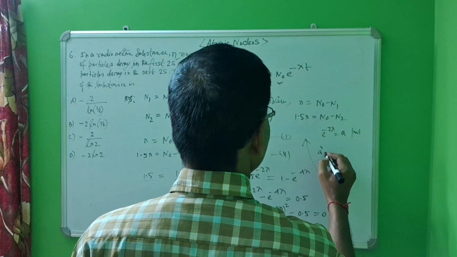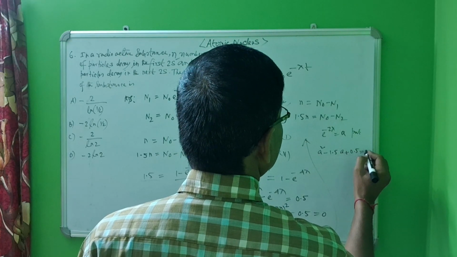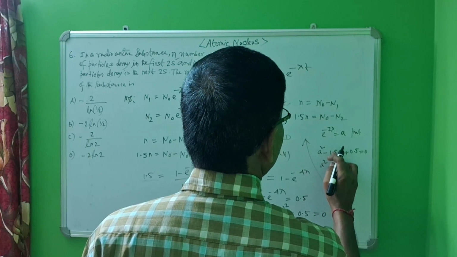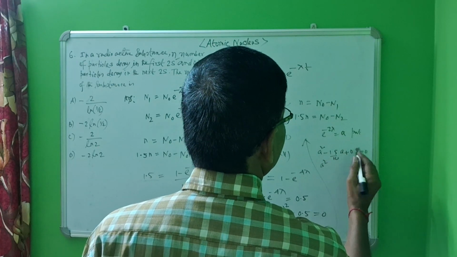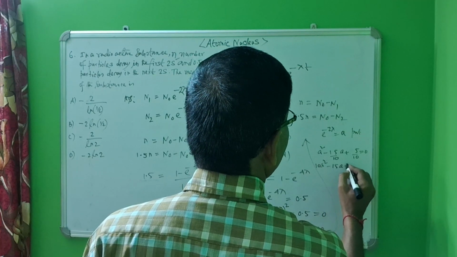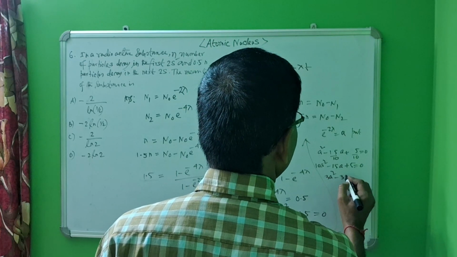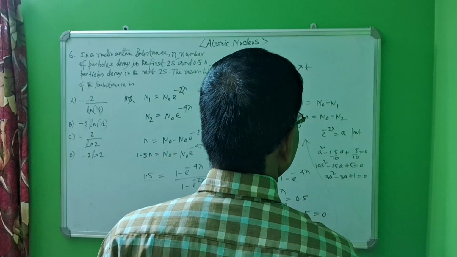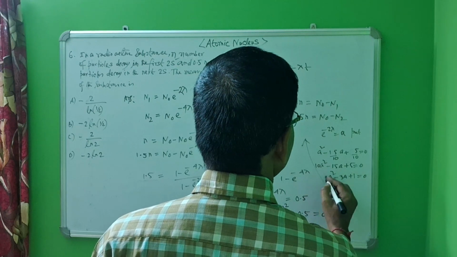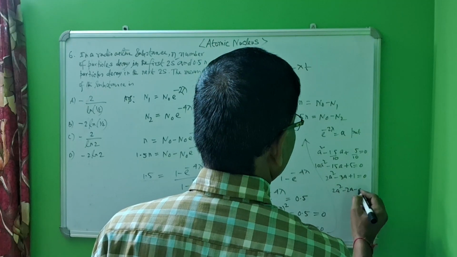So we get a square minus 1.5a plus 0.5 equals 0. Multiplying by 10, 10a square minus 15a plus 5 equals 0, or 2a square minus 3a plus 1, so 2a square minus 2a minus a plus 1 equals 0.